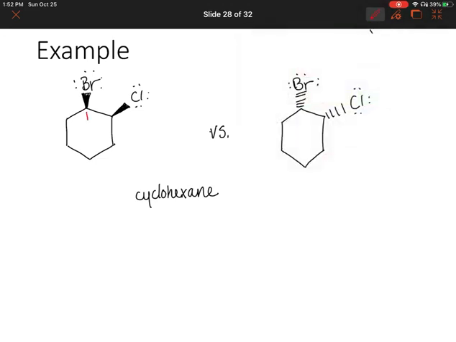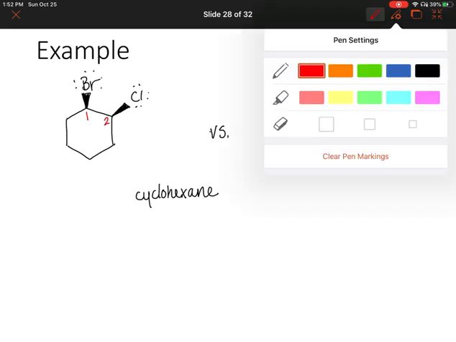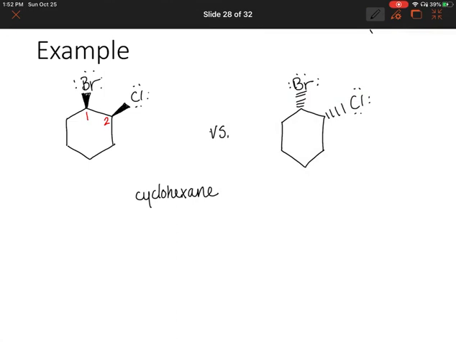And then chlorine comes next, so that carbon that it's attached to will be carbon 2. Okay, so we have 1-bromo-2-chlorocyclohexane. But how do we say that this is different from the molecule on the right? That one is also 1-bromo-2-chlorocyclohexane.